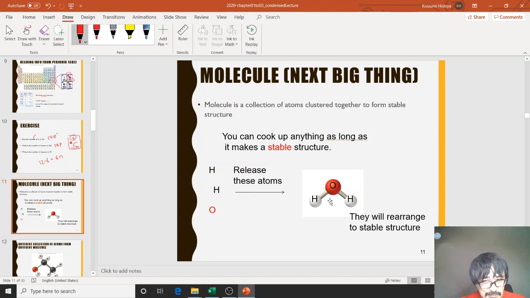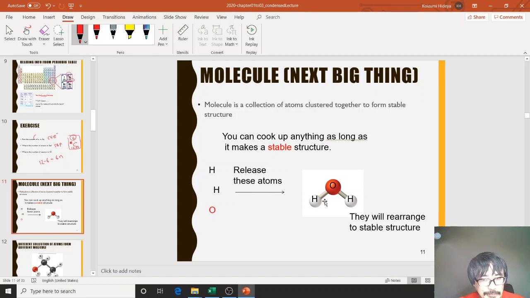It looks like this, and those are called molecules. The only requirement of a molecule is it has to be stable. If it's not stable, then it is not going to last very long. So the molecule has to be a stable structure.